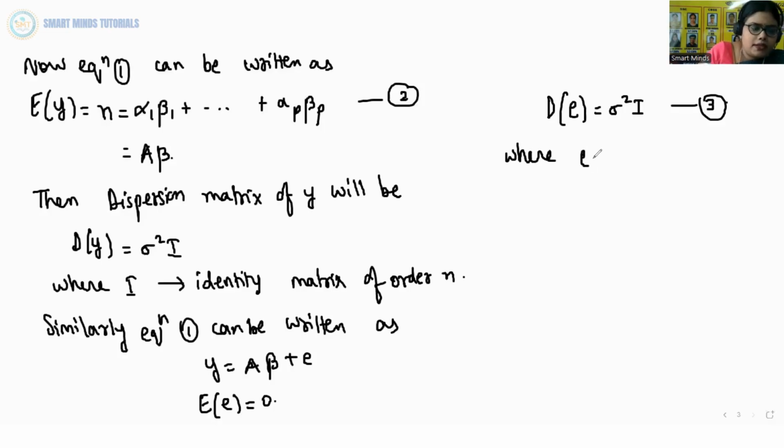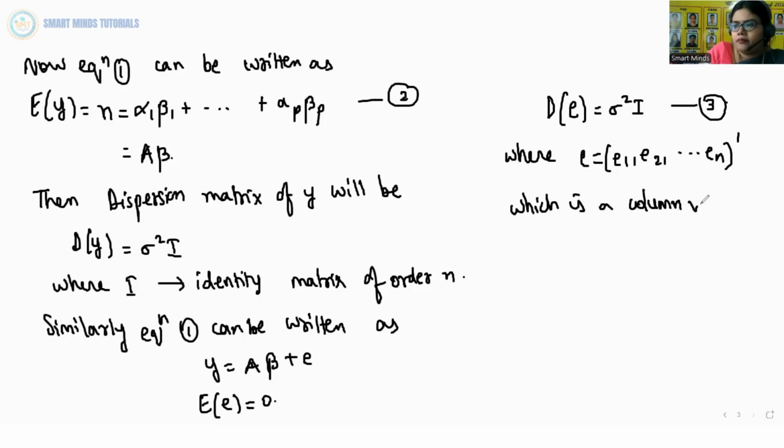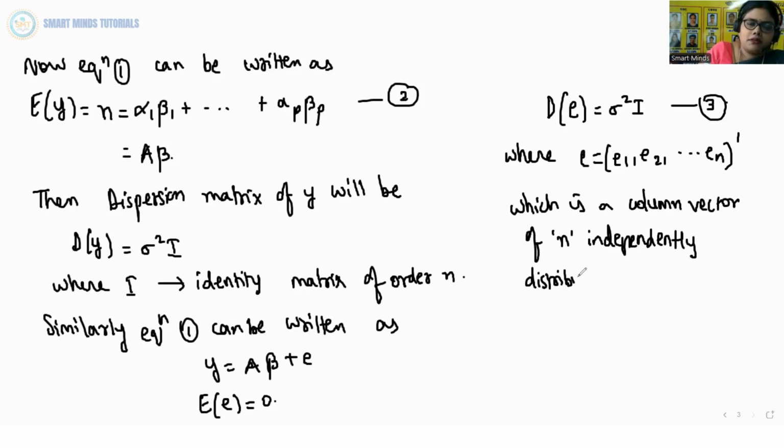where e is equal to e1, e2, so on up to en whole dash, which is a column vector of n independently distributed errors.